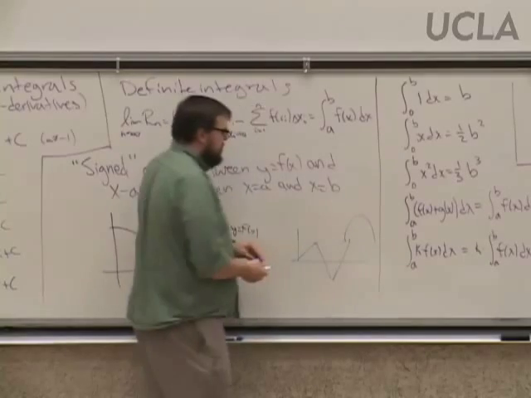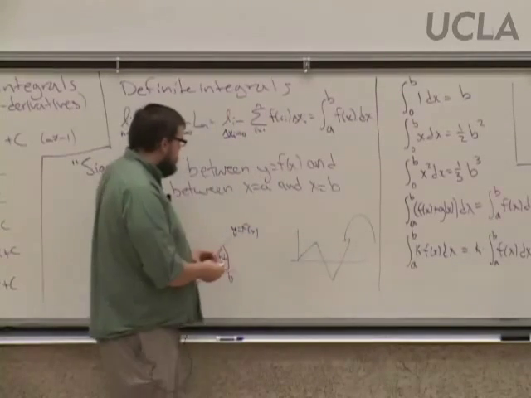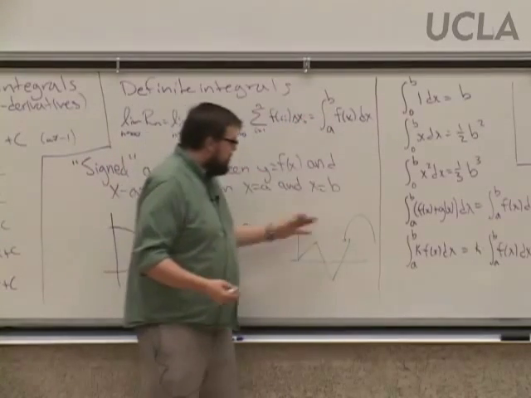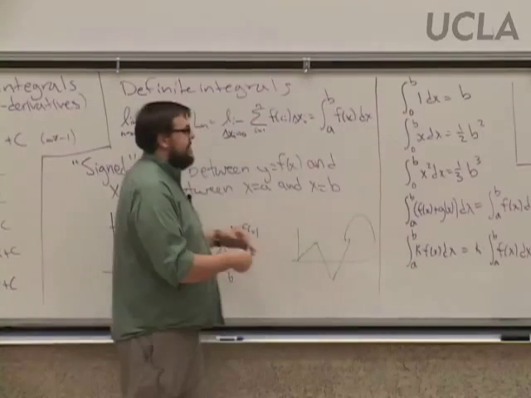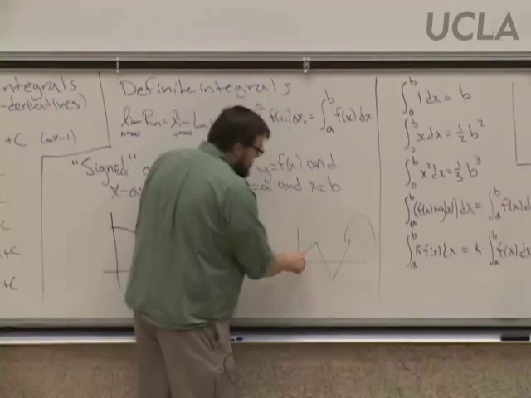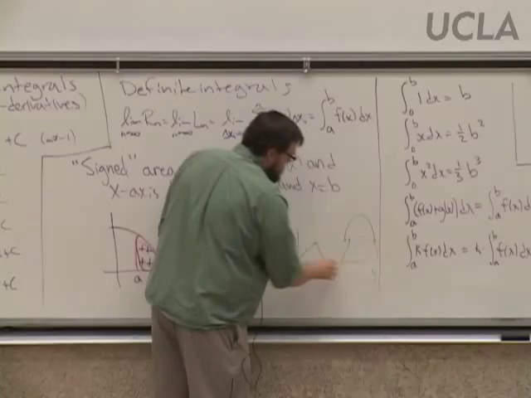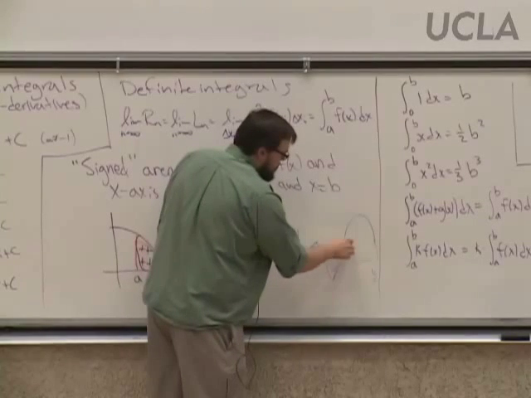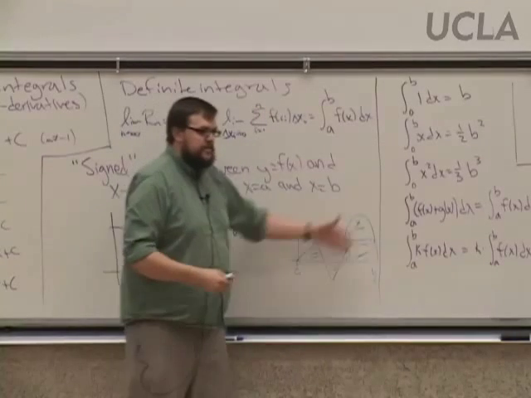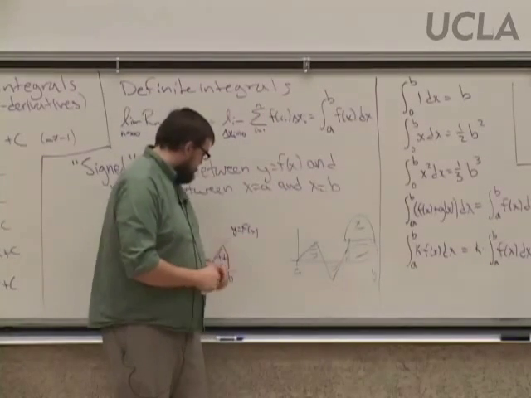If you have something like this, I know how to interpret this integral, even if I don't know exactly what the antiderivative is. Even if I can't do the indefinite integral, I might still be able to do the integral from a to b, in which case you just break it up and use knowledge of geometry to figure out how each individual piece is, and you combine them together.